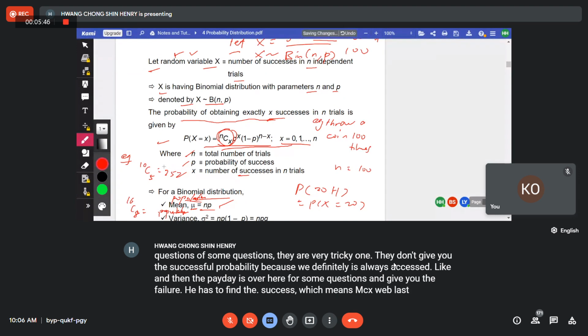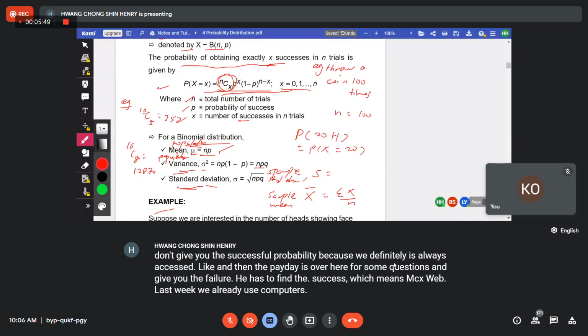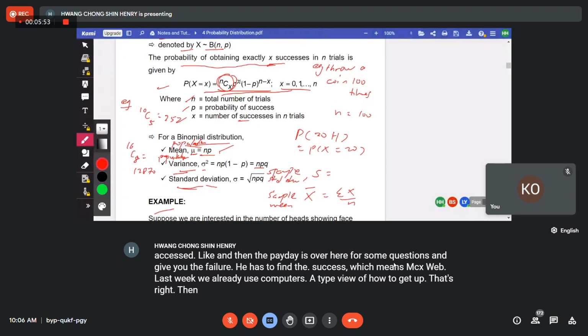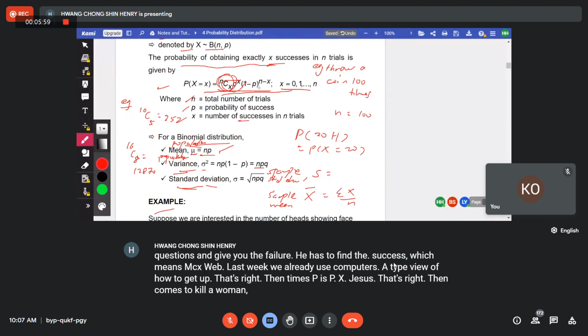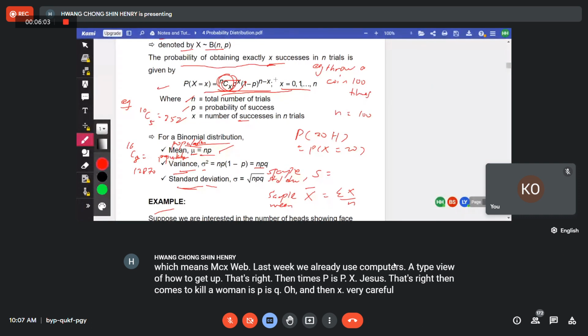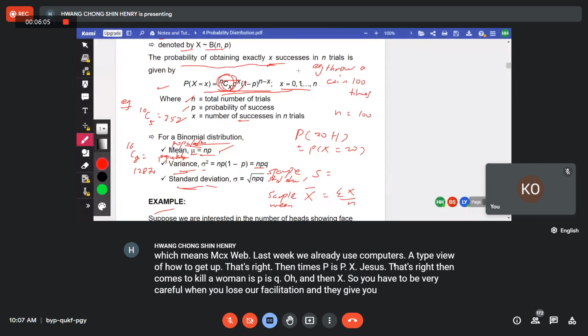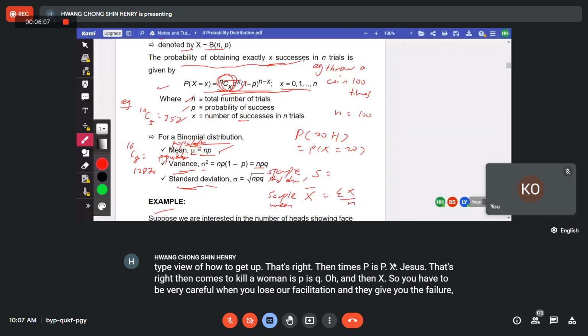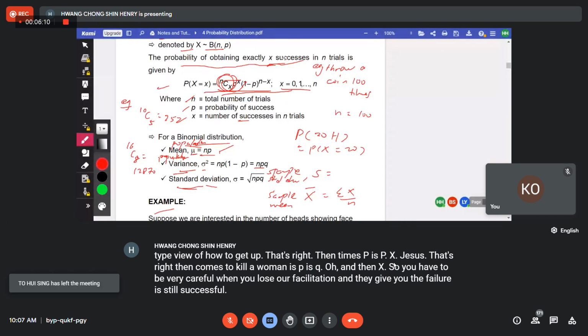Last week we already used calculator. Try to feel how to get the answer, right? Okay. Then times P to the power of x, P is the success rate. Then times Q, 1 minus P is Q, to the power of n minus x. So you have to be very careful. When you do some puzzle equation, they give you the failure instead of success. They give you the failure, which means what? The P becomes 1 minus Q.